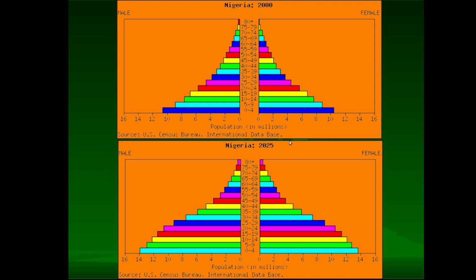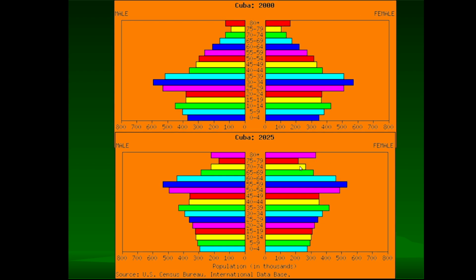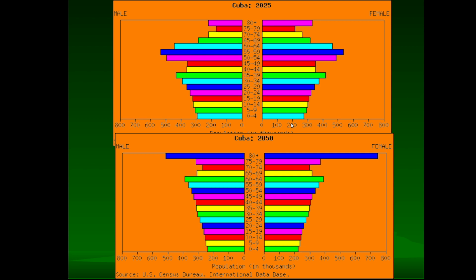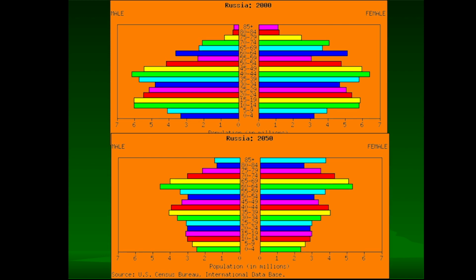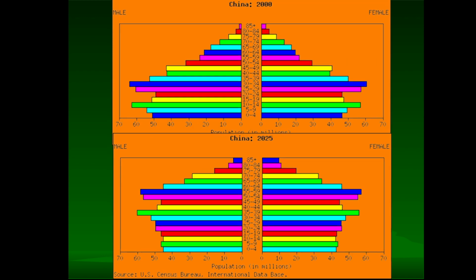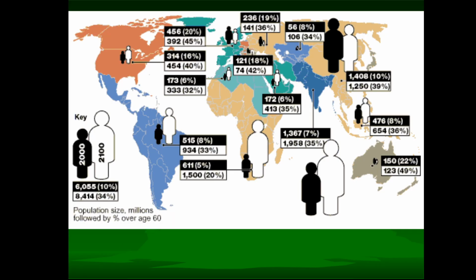So Nigeria, for example, is an increasing population dominated by young age groups. Cuba is not an increasing population, not as fast anyway, dominated by older age cohorts. Okay, and you can go through and look at all of these population age structure diagrams.